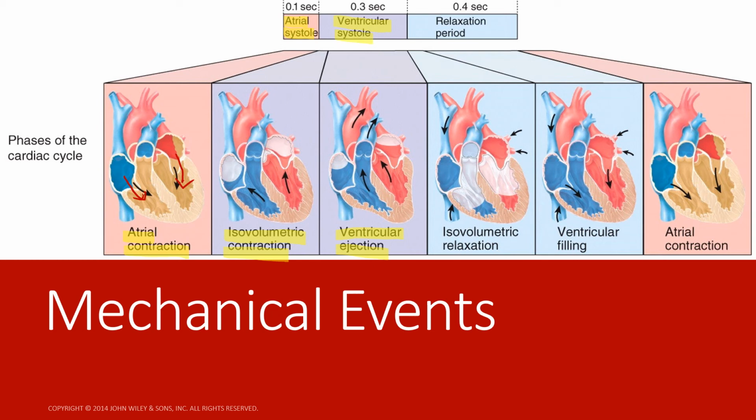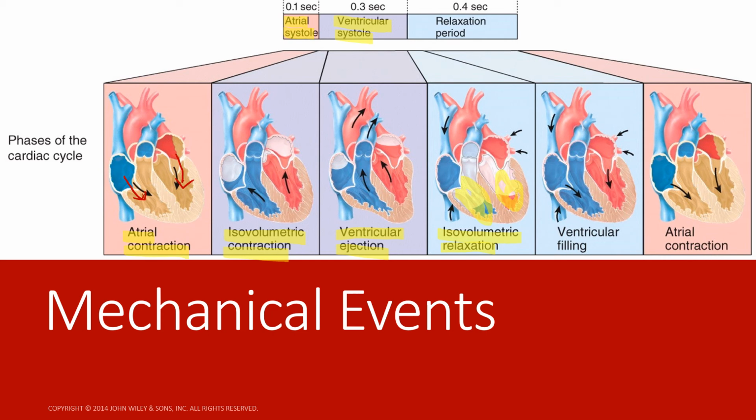Then after the semilunar valves close, there's going to be this small interval when ventricular blood volume doesn't change, and this is because all 4 of the valves are closed. This period is called isovolumetric relaxation. So this is when all the valves are closed and the volume inside the ventricles doesn't actually change.